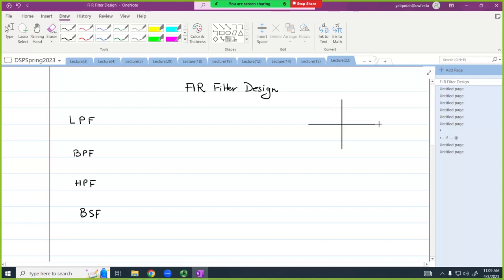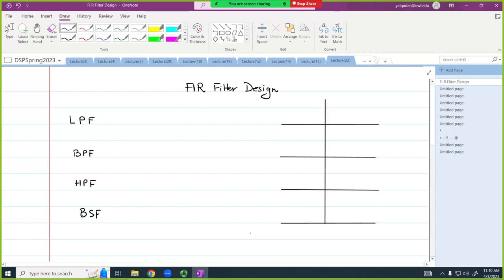So let's look at the ideal filter. Okay. So if I have a low pass filter, and actually let me just have one common axis for all these.